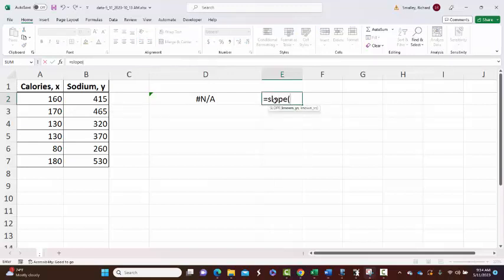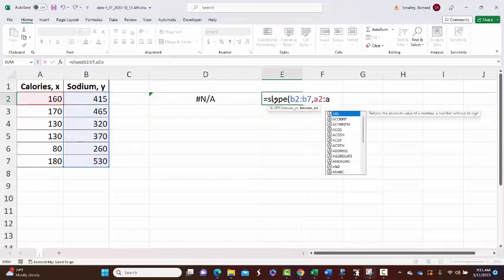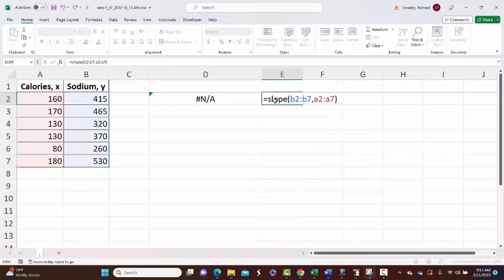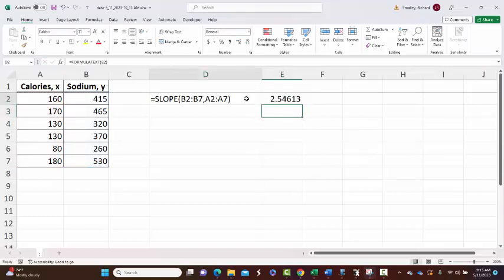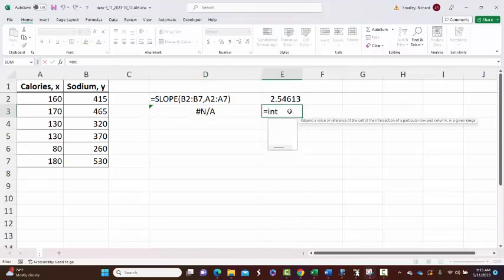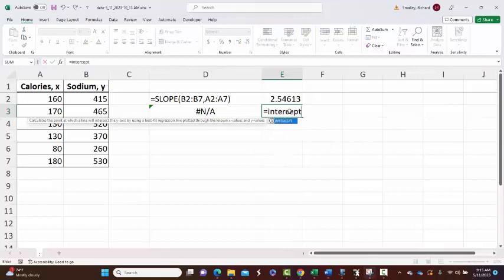The B's go first, B2 to B7. A2 to A7. There's the slope. And now we'll do intercept. Same range of values. B2, B7.